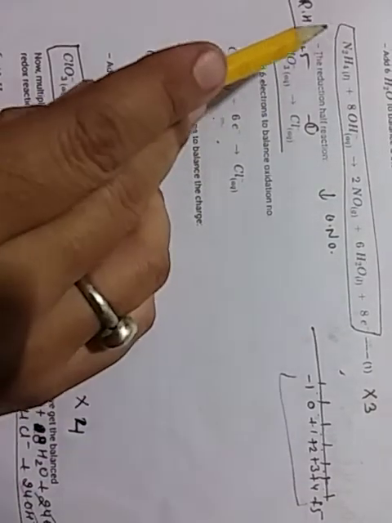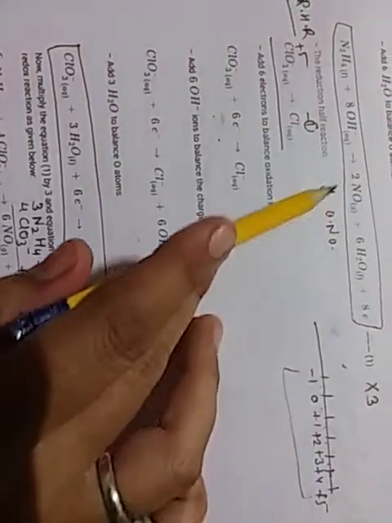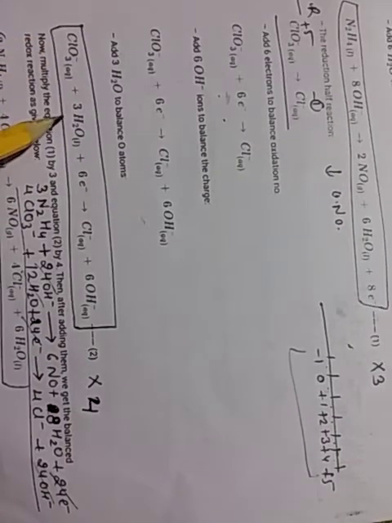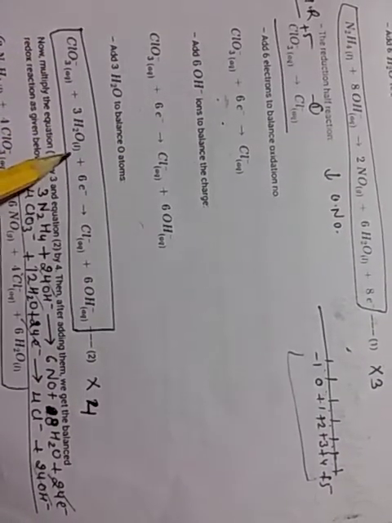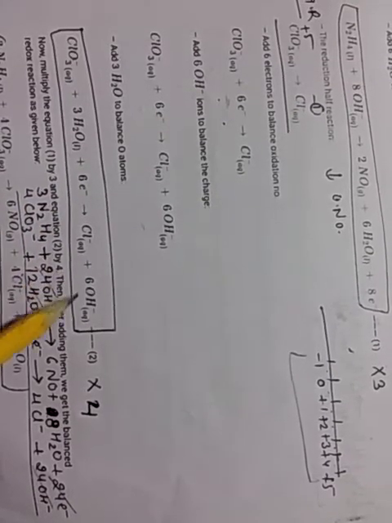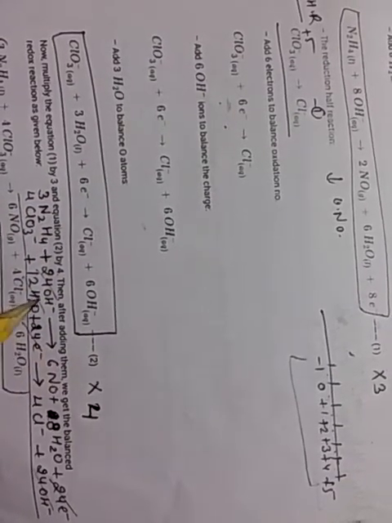So multiply the first equation by 3: 3 N2H4 plus 24 OH minus converts into 6 NO plus 18 H2O plus 24 electrons. Multiply the second equation by 4: 4 ClO3 minus plus 12 H2O plus 24 electrons converts into 4 Cl minus plus 24 OH minus.